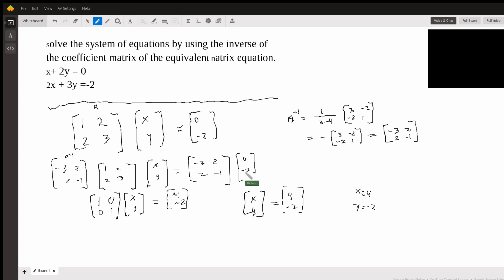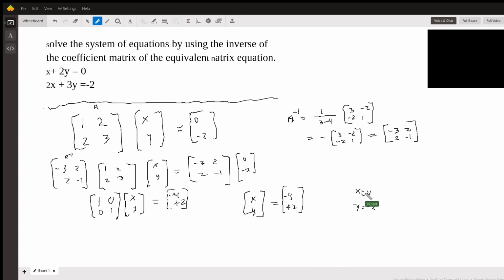So it's -3 times 0 is 0. 2 times -2 is -4. So there's -4 there. And then 2 times 0 is 0. -1 times -2 is +2. So sorry about these signs being messed up.